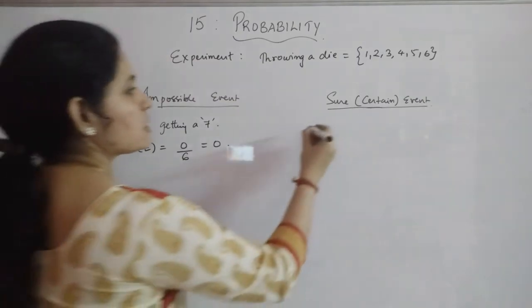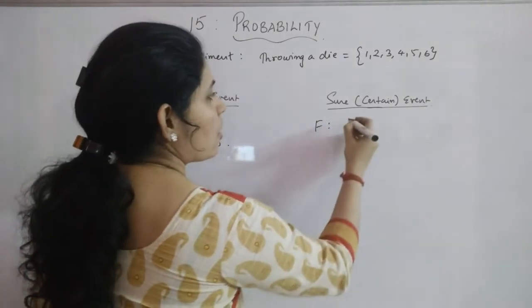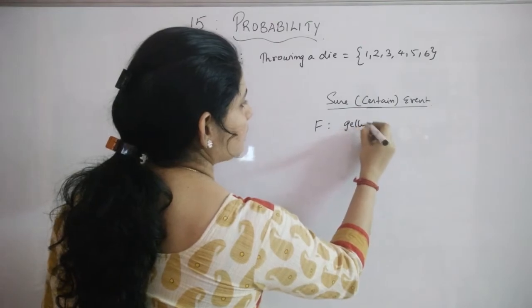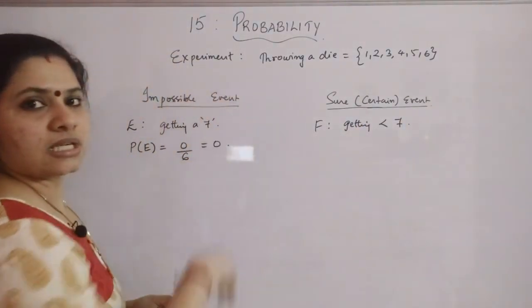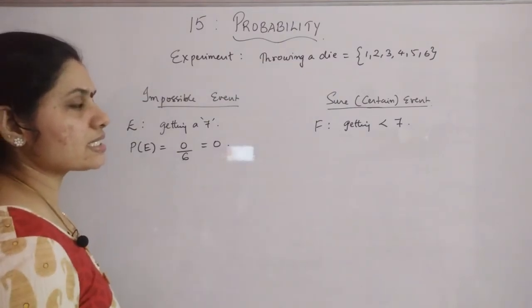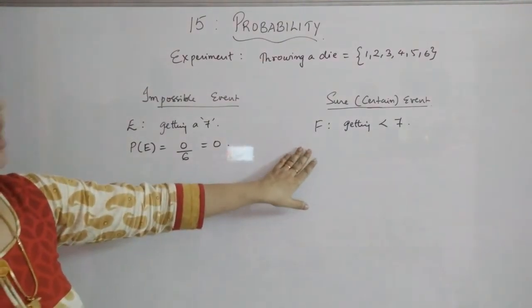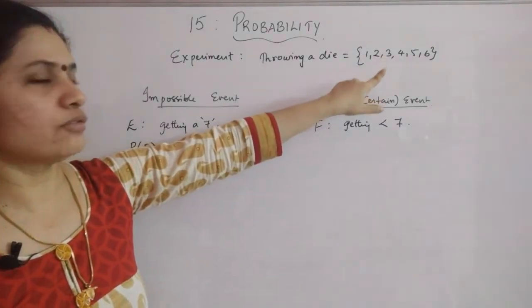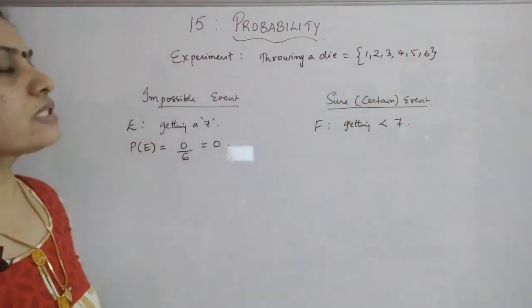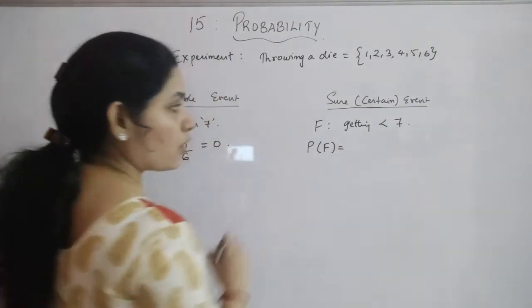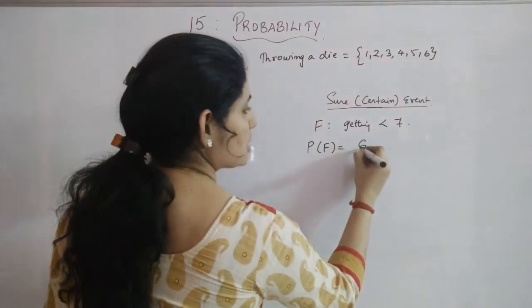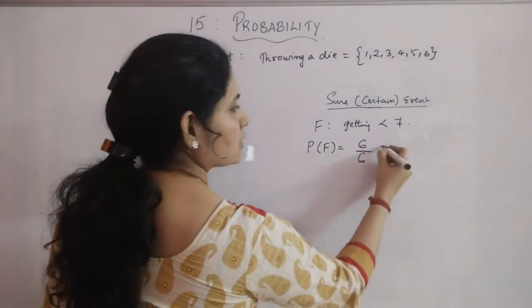Now again, if I take F to be the event of getting a number which is less than 7 for the same experiment, what chances do I have? It can be either 1, 2, 3, 4, 5 or 6. So you have 6 chances there. So the probability of that event will be 6 out of 6, that means 1.